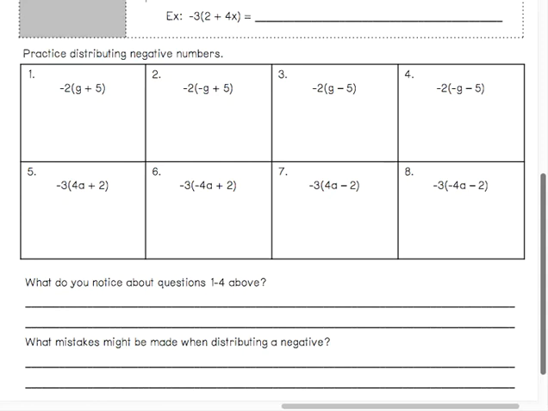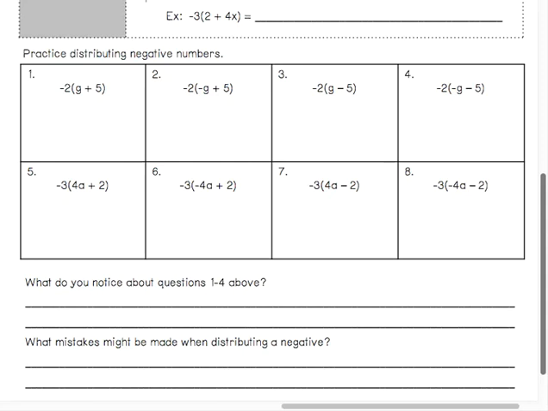All right, so number 1 and number 2 look the same, but you're going to get different answers. So I'm going to have -2 times g, which will be -2g. And then I'm going to have -2 times 5, which I'm going to get -10. Okay? All right, so next I have -2 and -g.